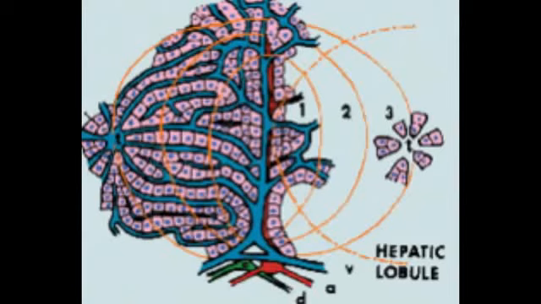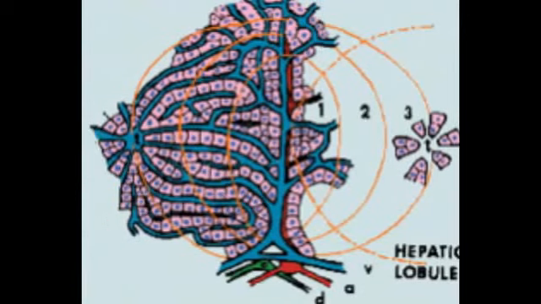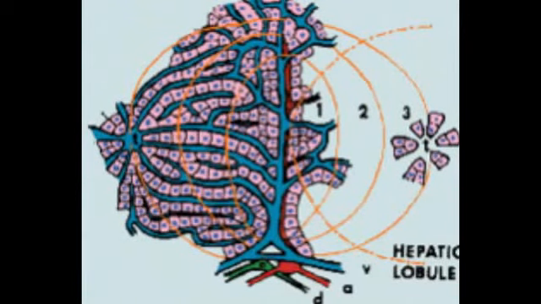And 1, 2, 3, it is the different kind of separation of the flow. This is regarding what is the diameter of, in Latin actually we call it laguna.